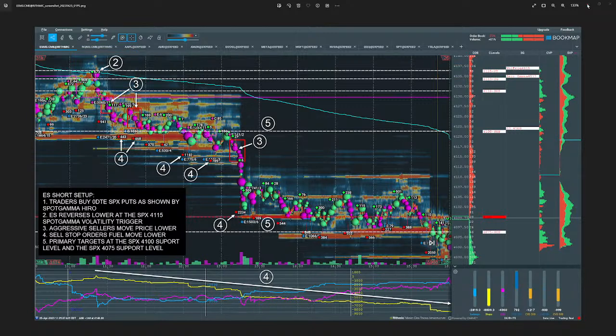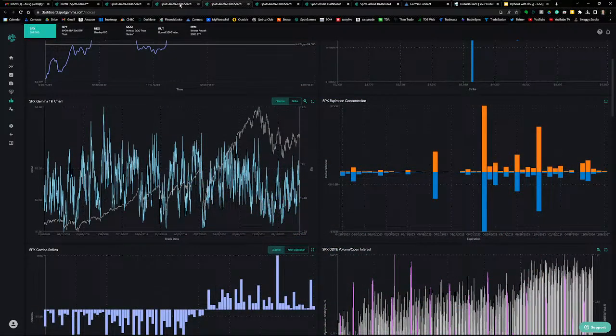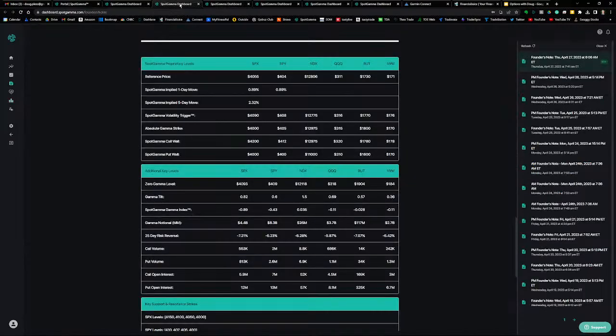All right, so let's wrap this up. We'll take a look at data for today. And as I mentioned yesterday, I'm going to just focus going forward on the Spotgamma Index.